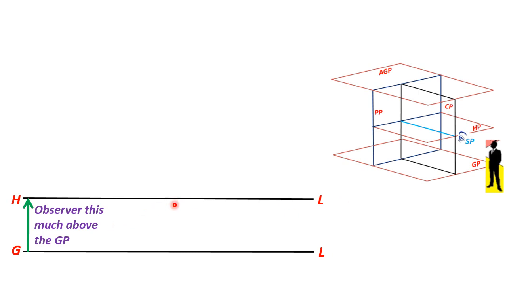The horizon line is always at a height equal to the observer's height from the ground plane. You will get the elevation of the object or the front view of the object here, which is always above the ground line.